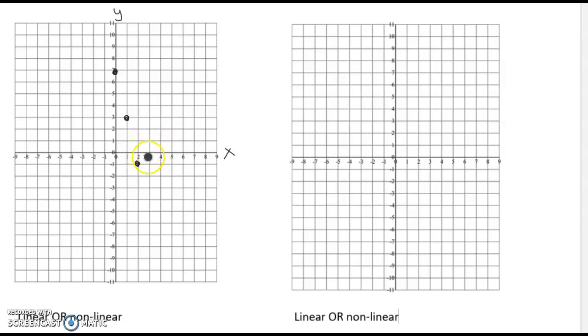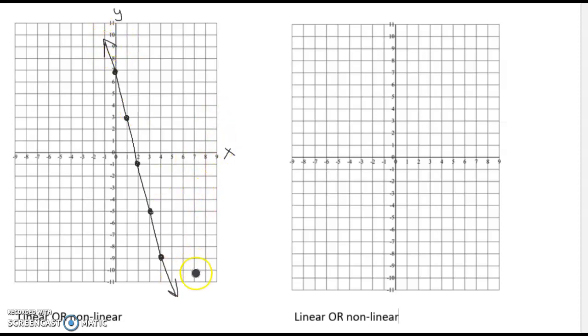Okay, and the next one was 3 and negative 5. And then 4 and negative 9. Okay, so if I were to join these with a ruler, remember I'm trying as best as I can to go as straight as I can. It's not easy. Okay, that one's not too bad.